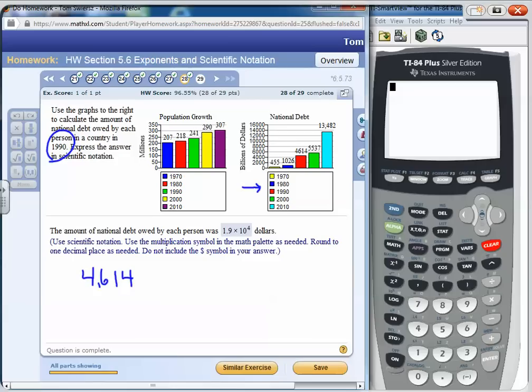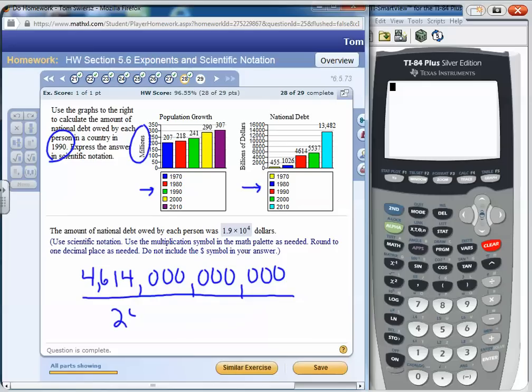So this would be billions, millions, thousands, and hundreds, divided by the number of people in 1990. Now be careful, this is tricky. Here 1990 is the green. I'm not sure why they change numbers, but they do. So the green is 241 and it's millions: 241 millions, thousands, and hundreds.